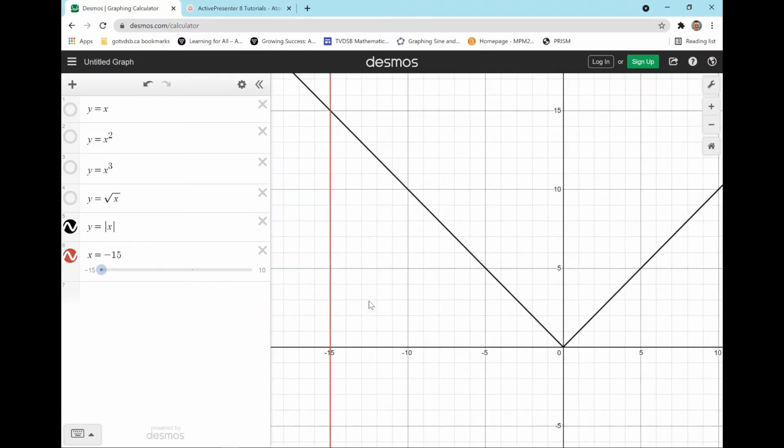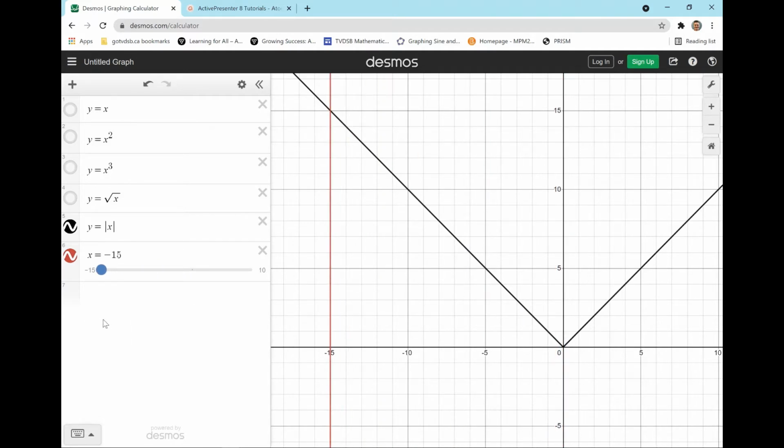There we are. Perfect. So this red line, if I move this from left to right, I can see that I'm decreasing from negative infinity. I'm decreasing all the way up until x equals 0. Right, so our x values are telling us where we're looking. The y values are what we're looking at.